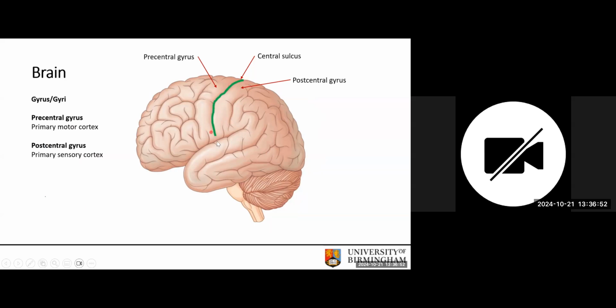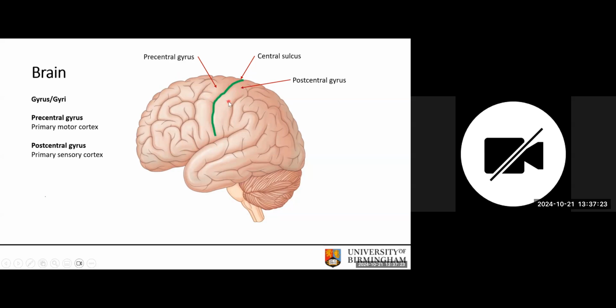And that is known as the central sulcus. The central sulcus goes to the midline. That's how to recognize this one. And it's the one that goes down, down, down, separating the frontal lobe and the parietal lobe posteriorly. The central sulcus is related to one gyrus anteriorly and another one posteriorly.